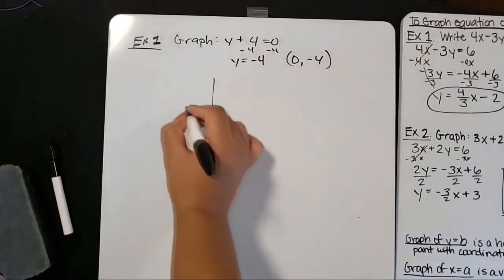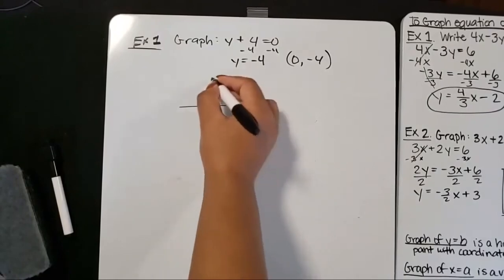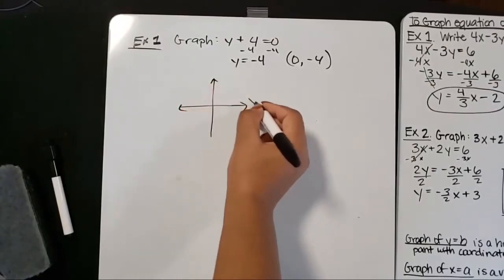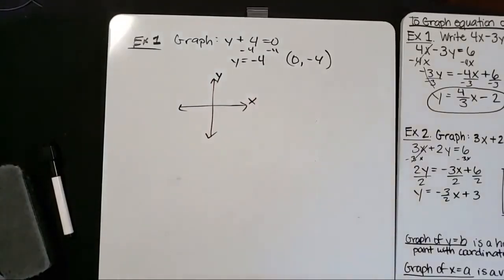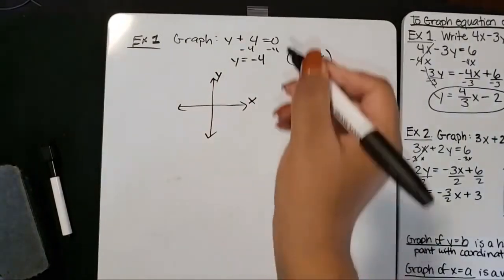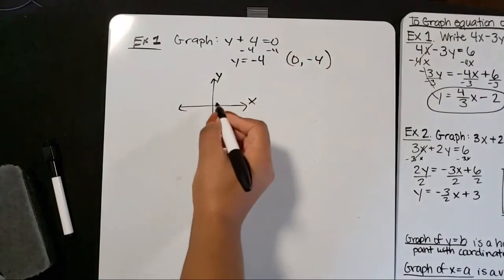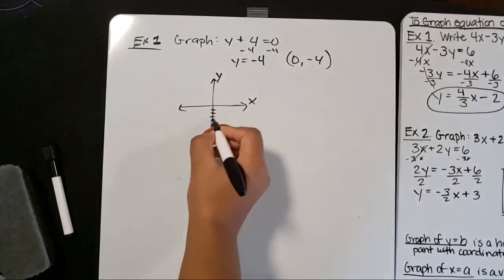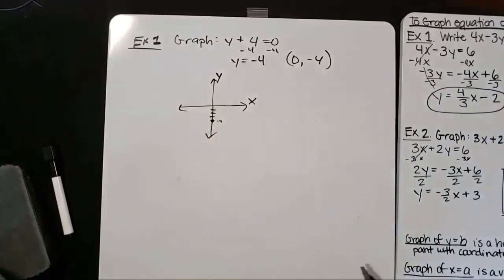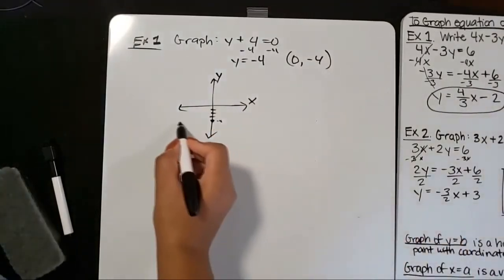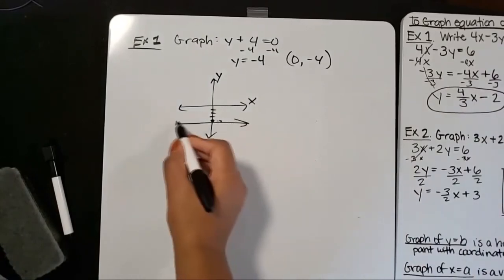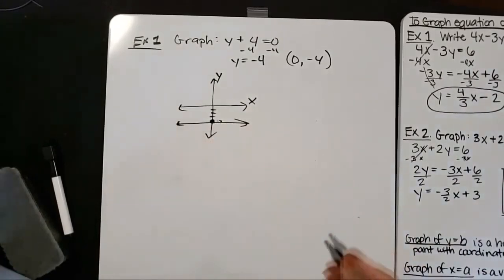So when we graph that, we find that coordinate 0, negative 4, which will be here. And we do a horizontal line that passes through that point.